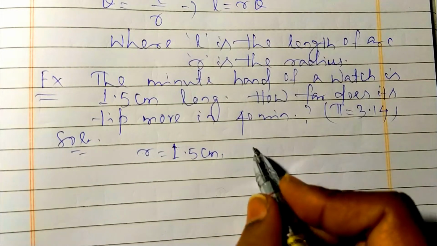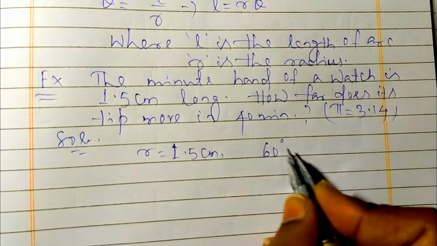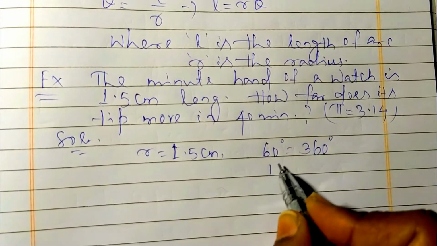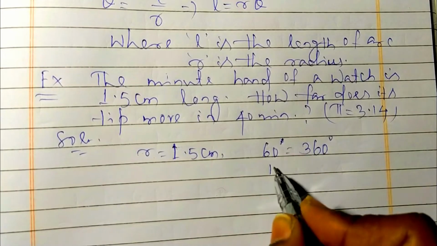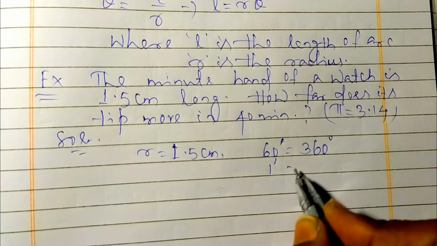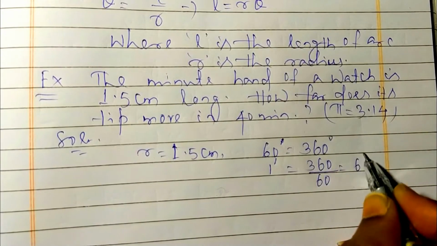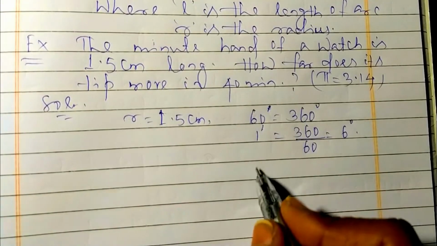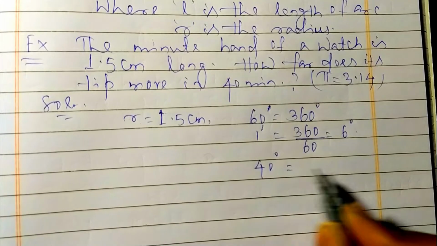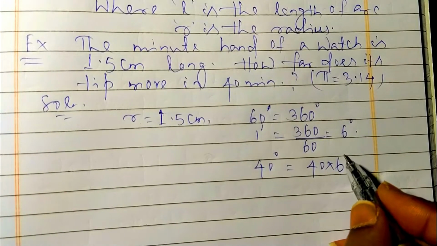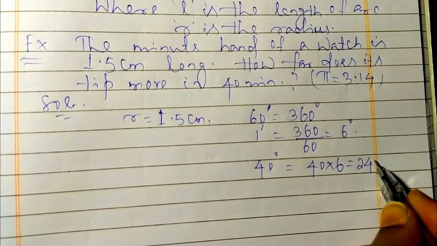We know that 60 minutes is equal to 360 degree. 1 minute is equal to 360 by 60, that means 6 degree. So 40 minutes is equal to 40 into 6, that means 240 degree.